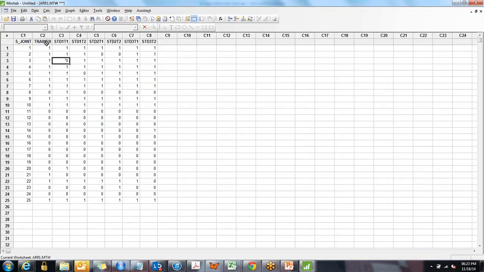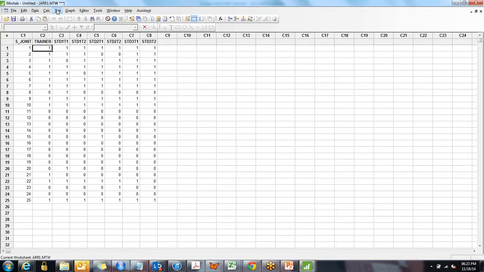So also the trainer himself evaluates. He has also rated these samples. And these values which the trainer has given are considered as a reference standard. That means the trainer can never go wrong, kind of. So this is attribute agreement analysis.